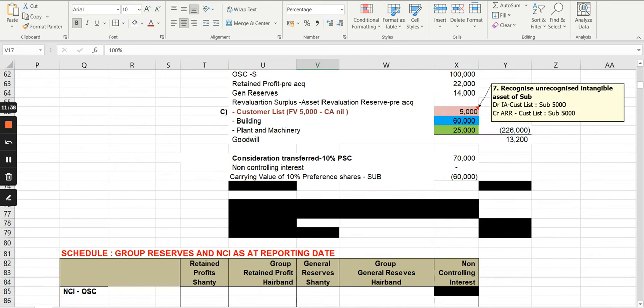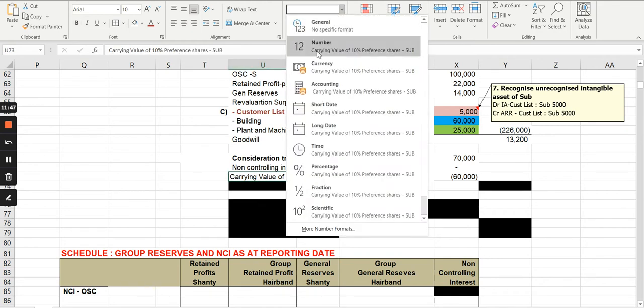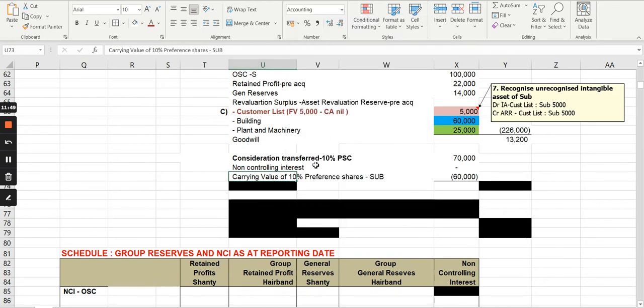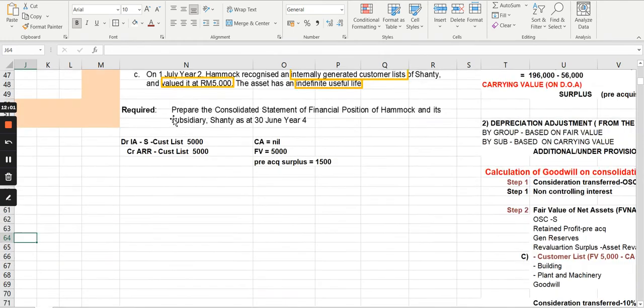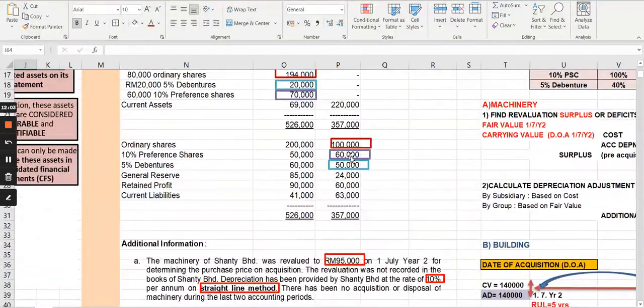If you have, you need to take the given percentage perhaps, and you can do the calculation easily. Next, you will total up and compare with the carrying value of the preference shares in the subsidiary. The carrying value of the preference shares is the one as per the SOFP, which is this one, 60,000 there, the one in the purple box.